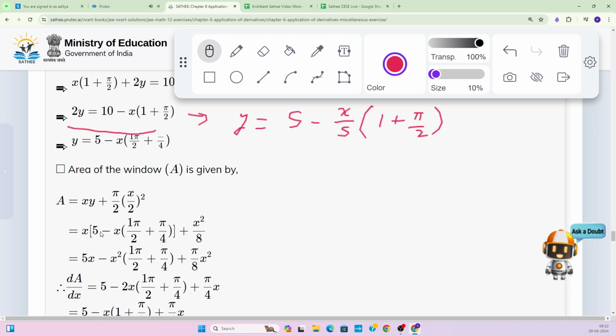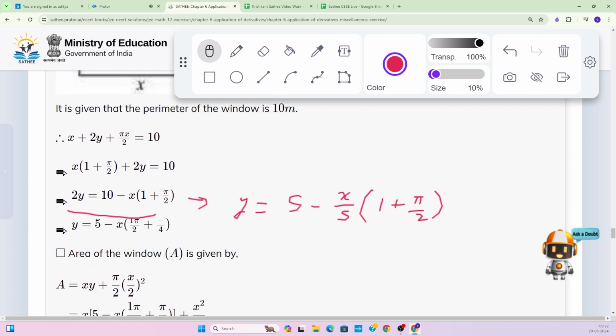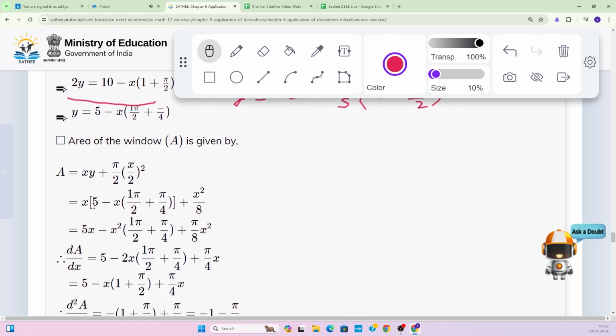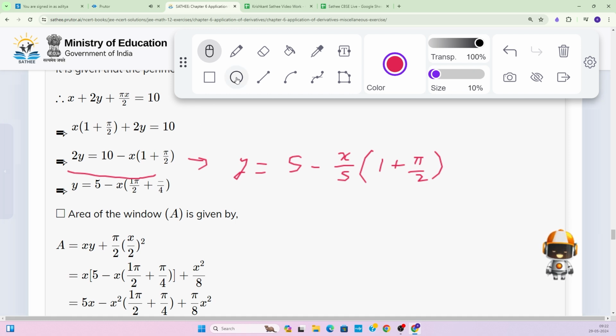Now putting the values, what will you get? You will have x times (5 − x...). Sorry, it will be 2, not 5, because the 2 is divided, so 2.